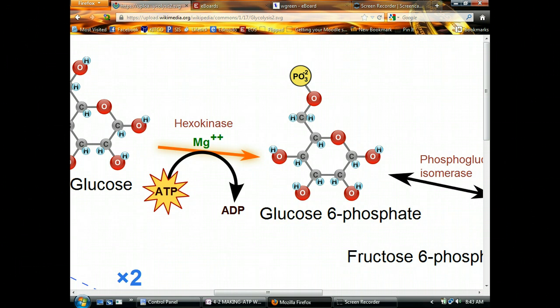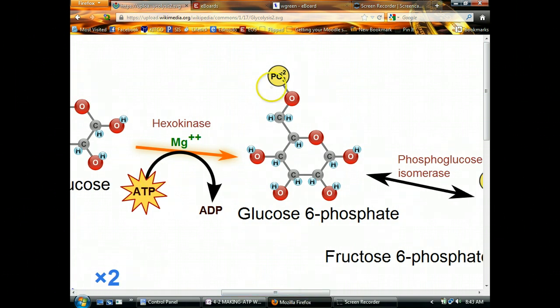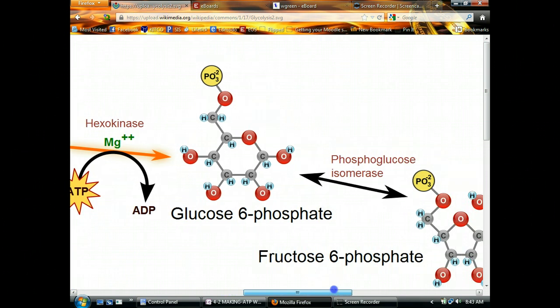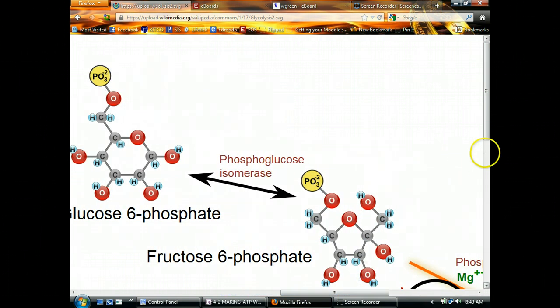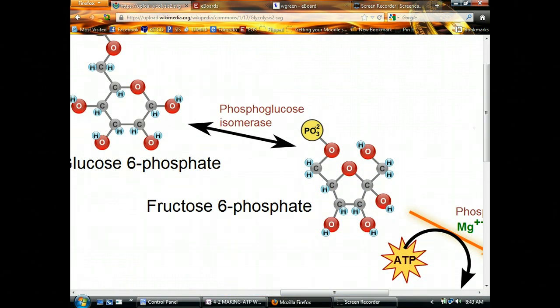Yes? So when it bonds with water, it becomes ADP. The phosphate bonds with the OH from the water. And then the ATP is now ADP because it lost a phosphate. A diphosphate instead of triphosphate. So it lost one. Now there's another enzyme that comes into play here, and we get a little bit different molecule.